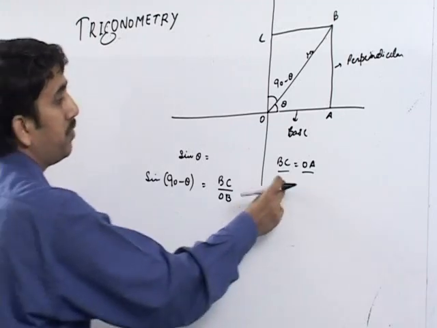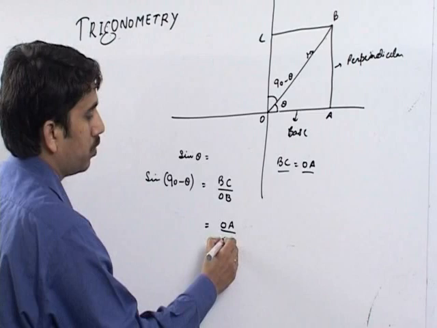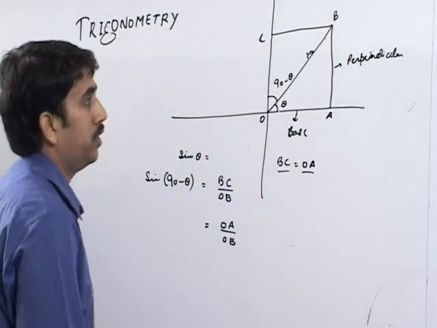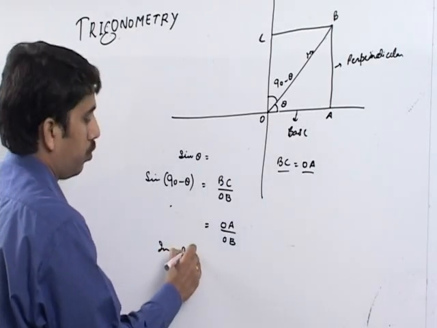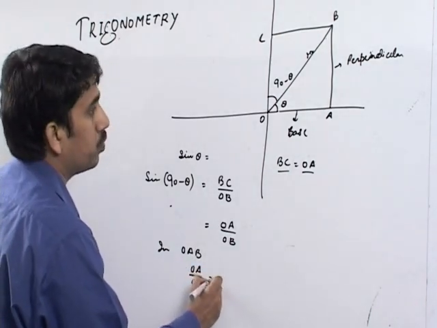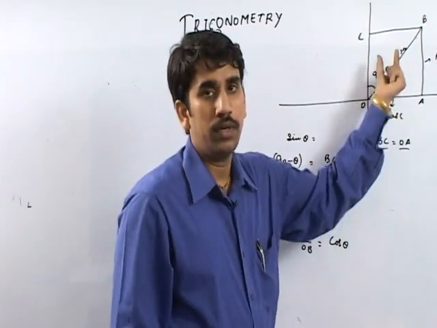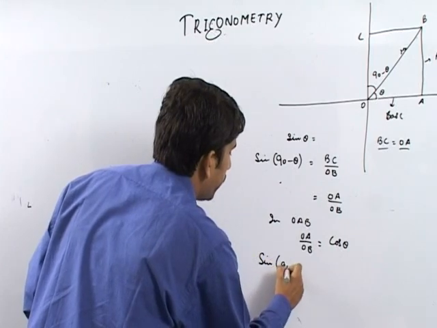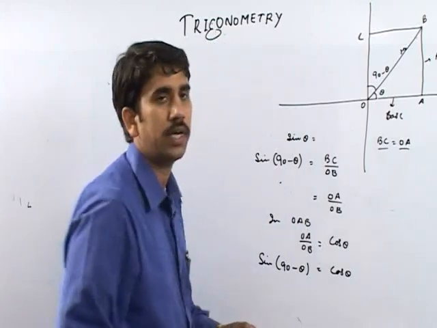Since BC is equal to OA, this will become OA over OB. In triangle OAB, OA over OB is equal to cos theta, because this is base over hypotenuse. Therefore, sine of 90 minus theta is equal to cos theta.